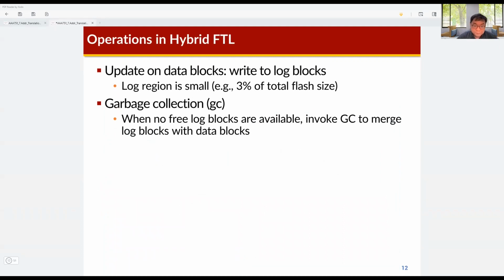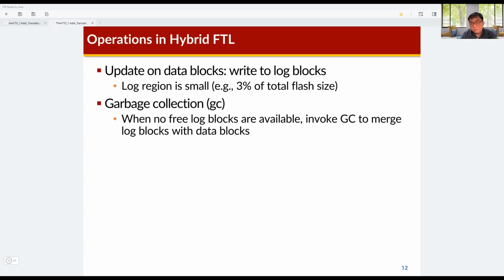Then what is the problem? For this hybrid FTL, the SSD needs additional storage space for log blocks. So we already know that the SSD has some additional storage space in the flash memory. I said that the actual storage space of the SSD is larger than the officially shown storage, which is the specification of the SSD.